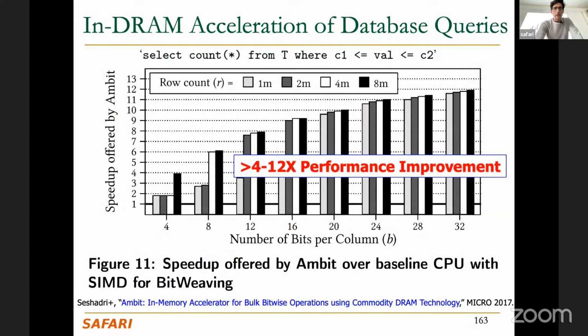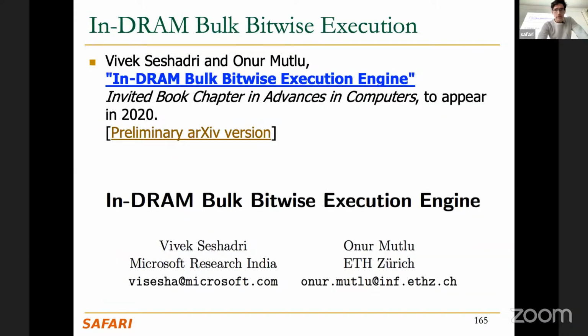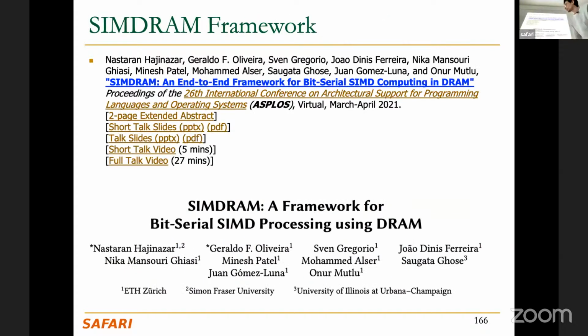For example, the BitWeaving workloads for database queries, something between 4 times and 12 times performance improvement for this specific application with respect to a CPU with SIMD units. You can check more details in this AMBIT paper or in this later book chapter, or in the more recent SIMDRAM work that we published in April 2021.